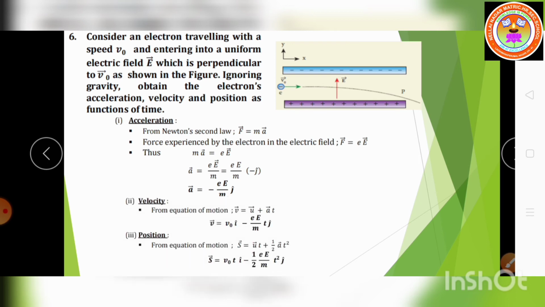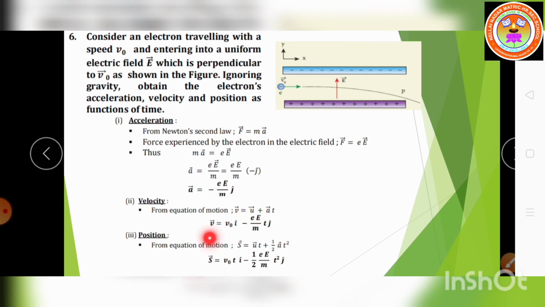Next, we can calculate the velocity from the equation of motion, v equals u plus at. In vector form, v vector is equal to u vector plus a vector into t.